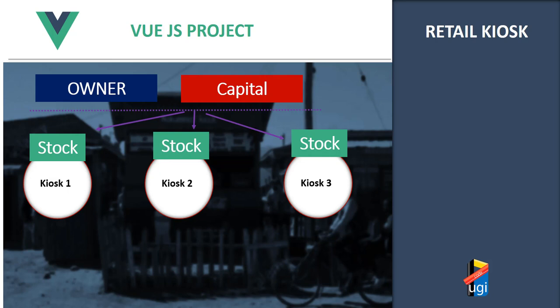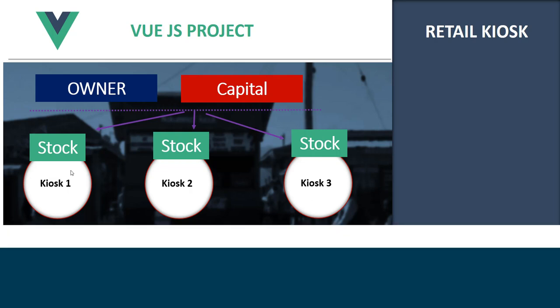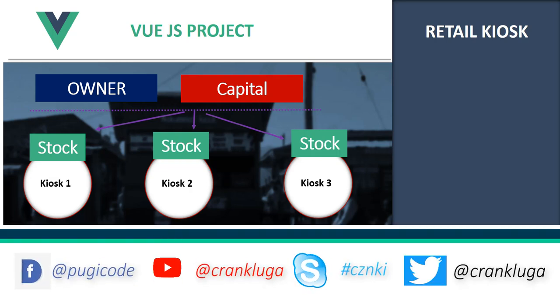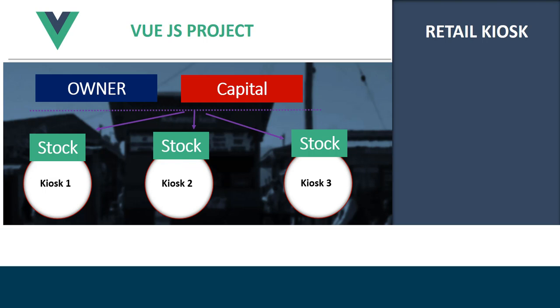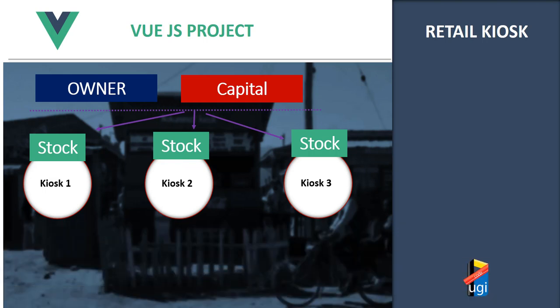So the problem is, currently each kiosk is registered under the same company, but there is no major general management, and the owner has to visit each kiosk and balance the books of each kiosk to see the sales per stock and what profits they have got.